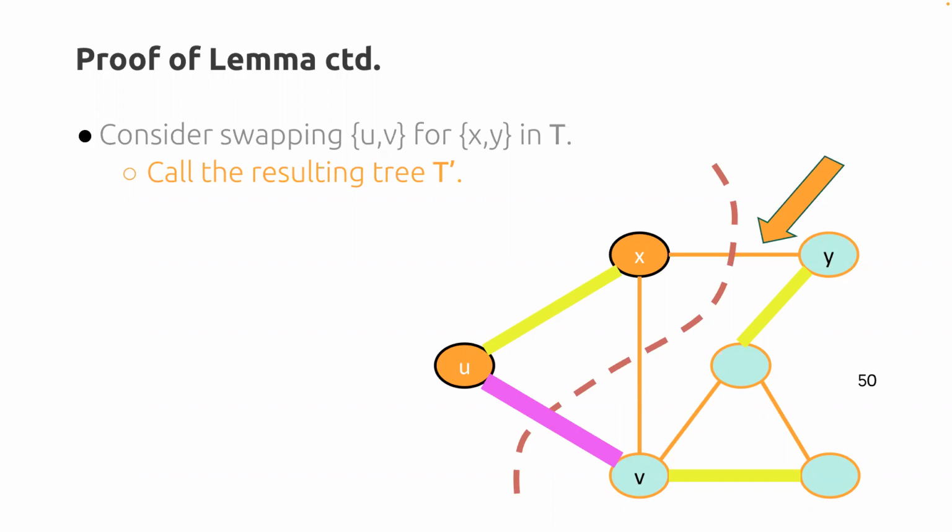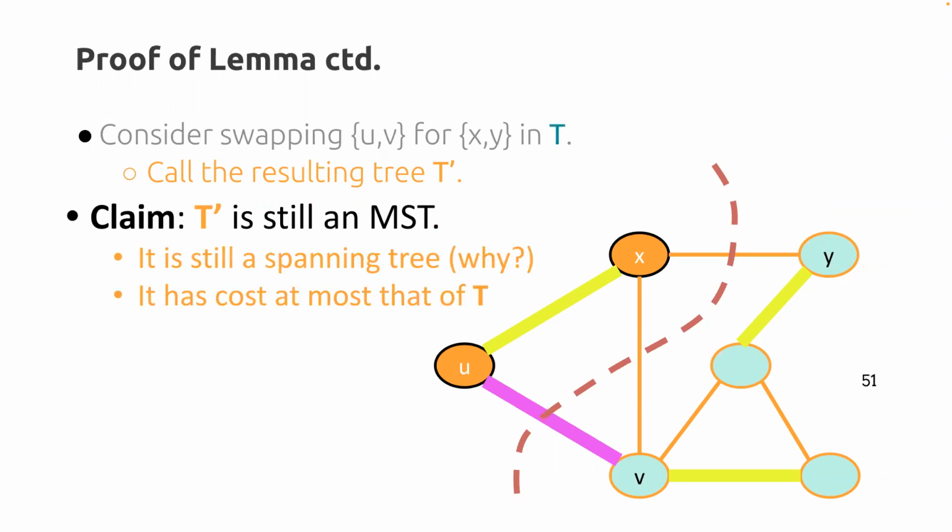So if you swap them and now you add this edge to the tree instead of this one, you still have a spanning tree because everything is still connected, okay? But the new tree is going to be cheaper than the tree you started with, but it can't be cheaper because the tree you started with was minimal spanning. And that's it. That is the proof.